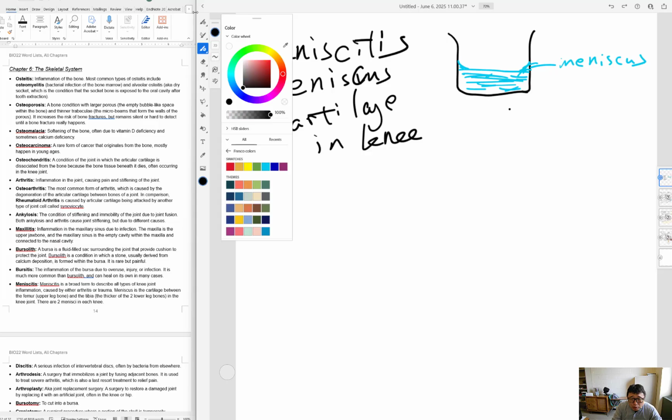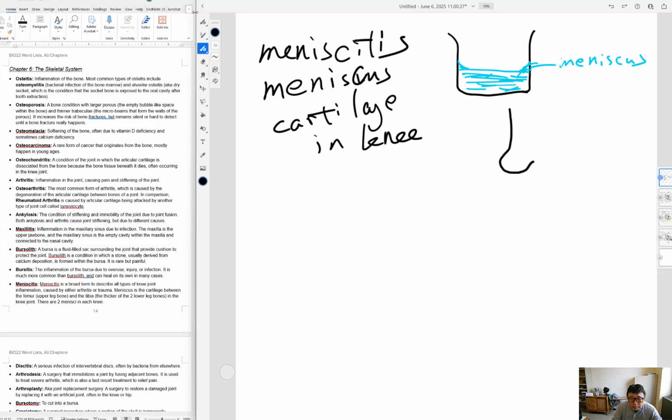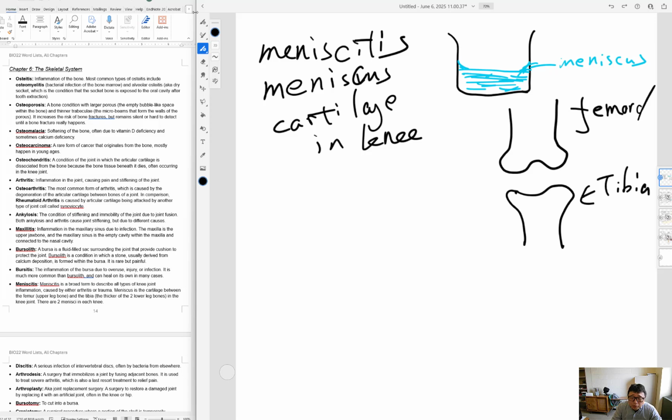Let's try to draw. This is the femur, and this is lower, the tibia bone. And see, both the femur and tibia have two parts.